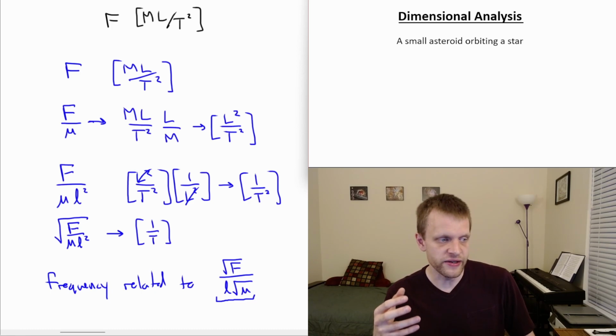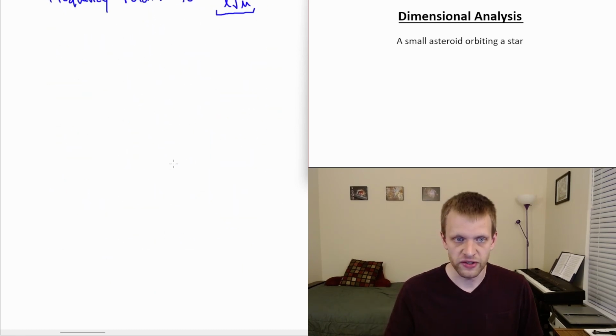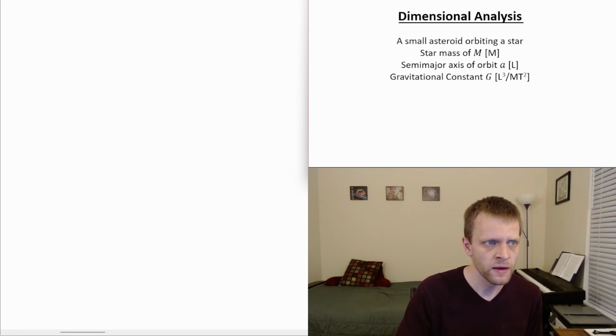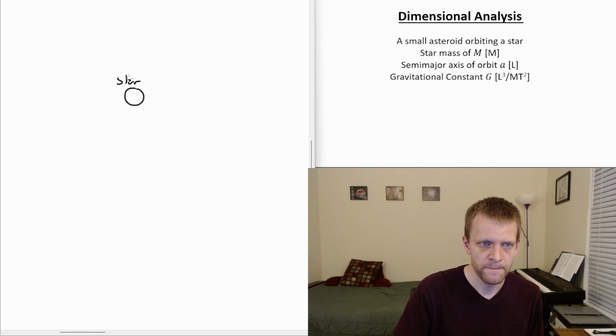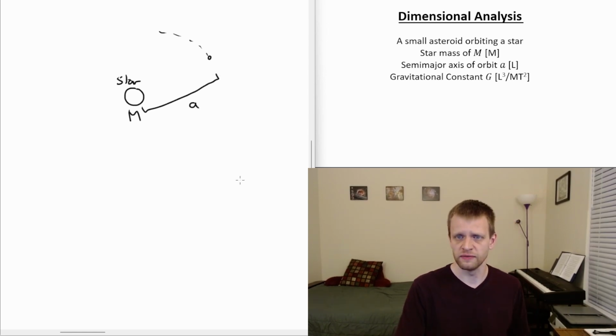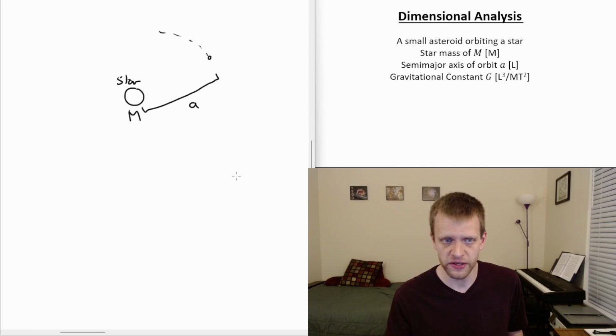Let's say I've got a small asteroid orbiting a star. Okay. And let's say the star has a mass of capital M. So let's say we've got this star. We've got some small object orbiting around it. And we can look at the mass of this star, the semi-major axis of that orbit.